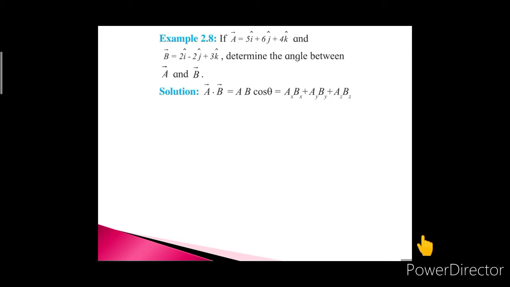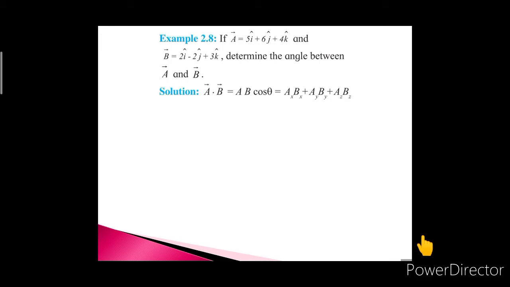where AxBx is the magnitude of the component of vector A and vector B along the x-axis, AyBy is the magnitude of the component of vector A and vector B along the y-axis, and AzBz is the magnitude of the component of vector A and vector B along the z-axis.